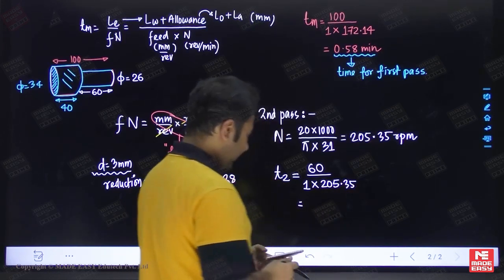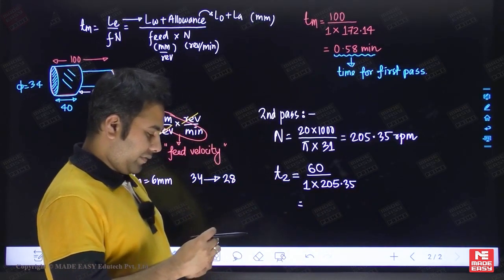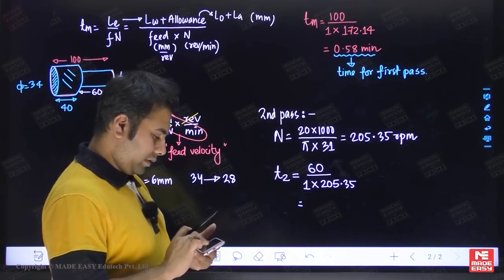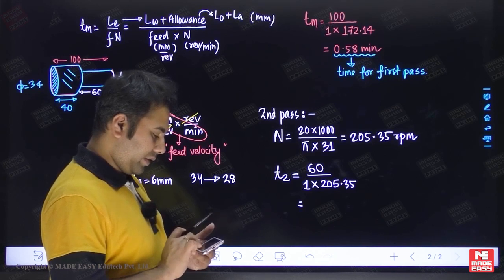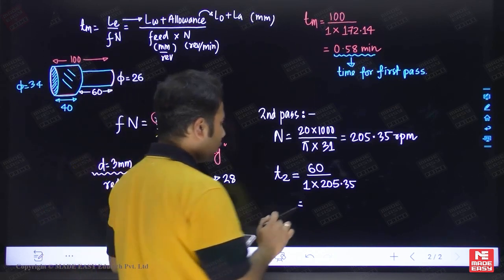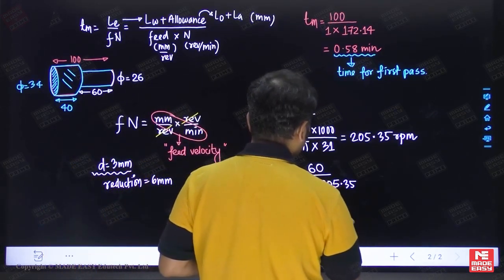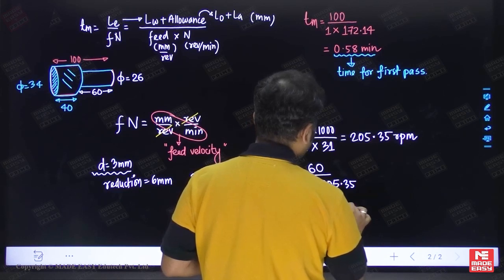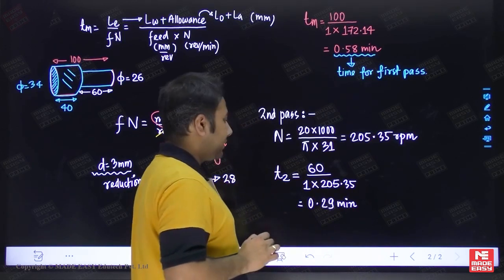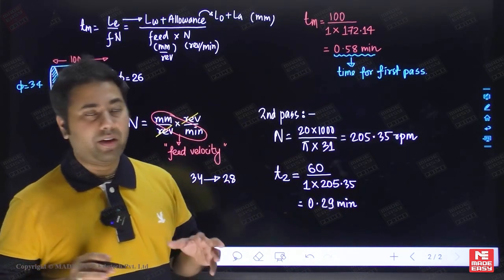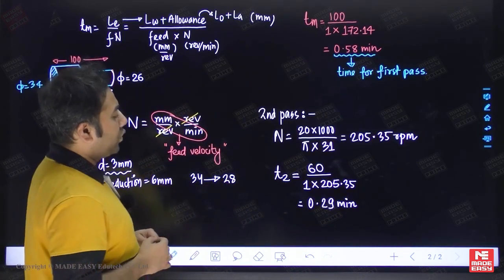So 60 divided by 205.35 is equal to 0.29 minutes. Okay, fine.